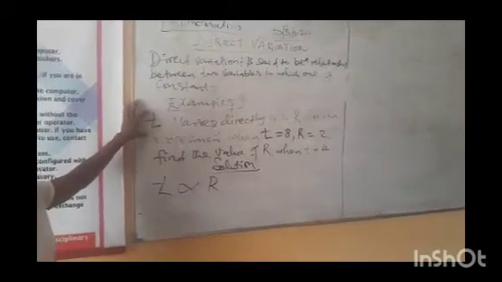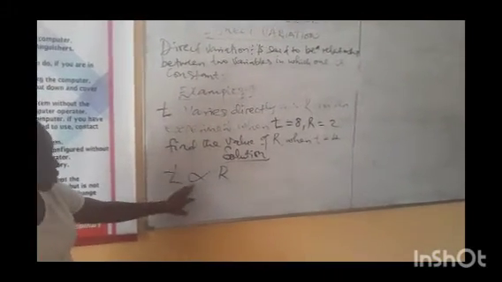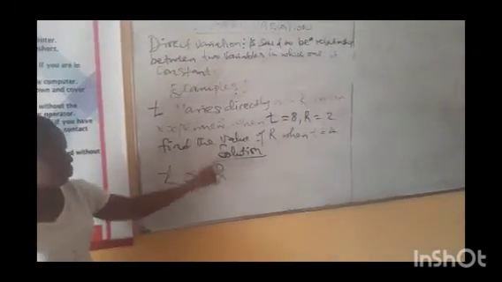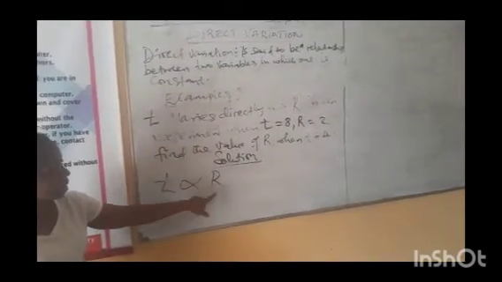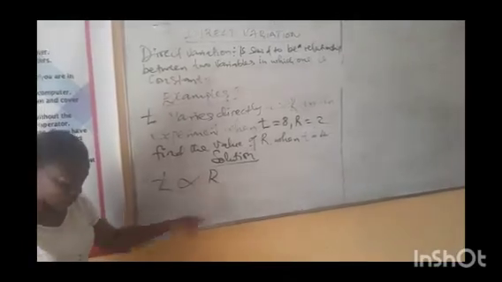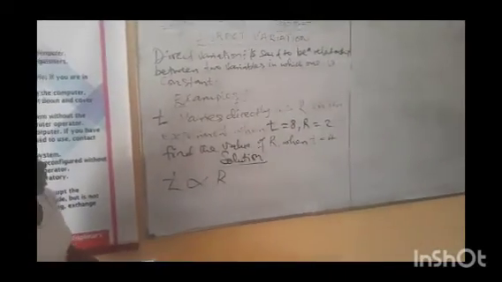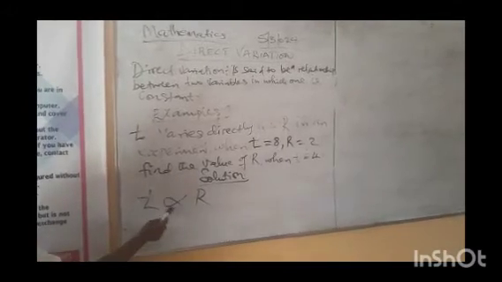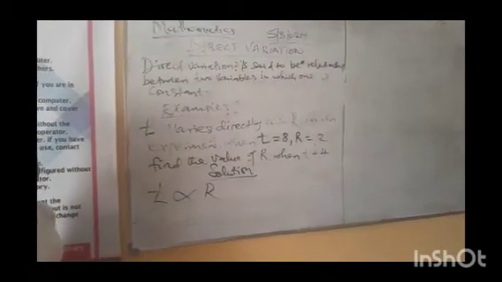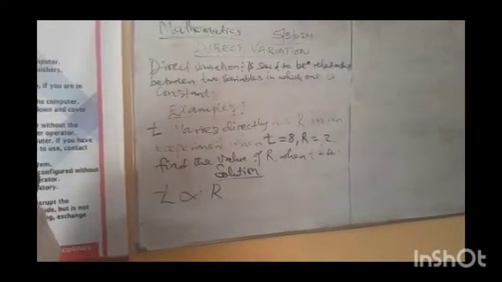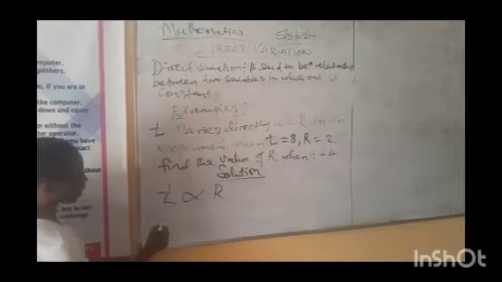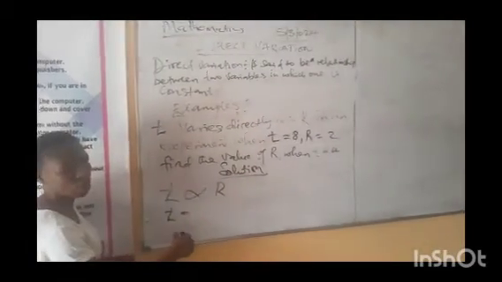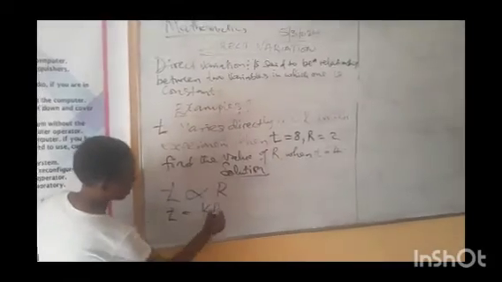We have picked the first variable, which is T, and introduced our symbol of variation, which is alpha, and brought in the last variable, which is R. Now, for us to introduce our constant, the sign of this alpha ought to change to the sign of equality. Okay, I hope you are following me. Now, it will be T is equal to, introduce your constant, which is k. It will now be kR.